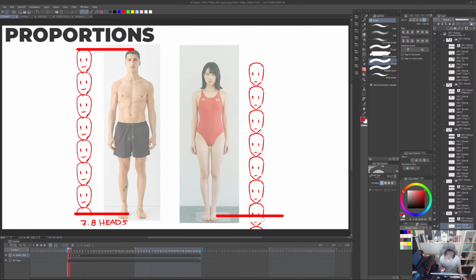Now we can see that our female character over here is about 1, 2, 3, 4, 5, 6, 6.5 to 7 heads.